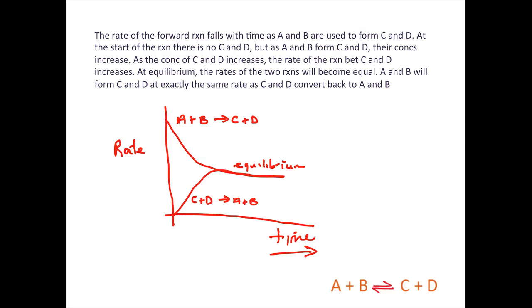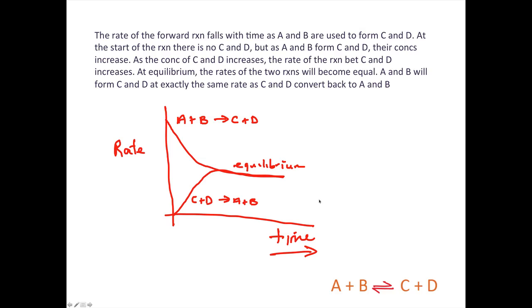As the concentrations of C and D increase, the rate of the reaction between C and D increases. At equilibrium, the rates of the two reactions will become equal. A and B will form C and D at exactly the same rate as C and D convert back to A and B. So let's look at the graph here.